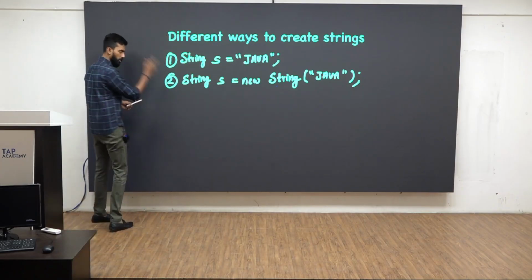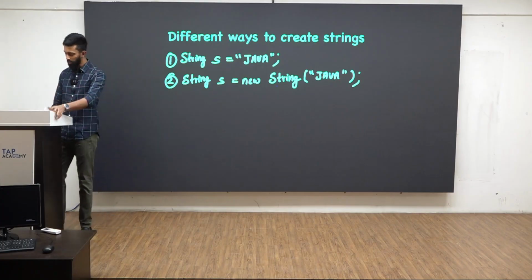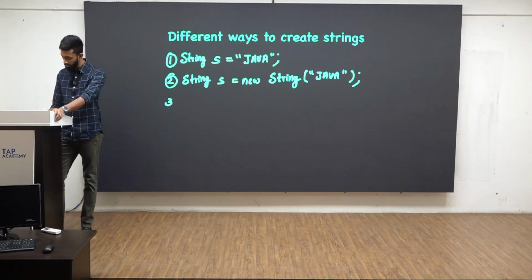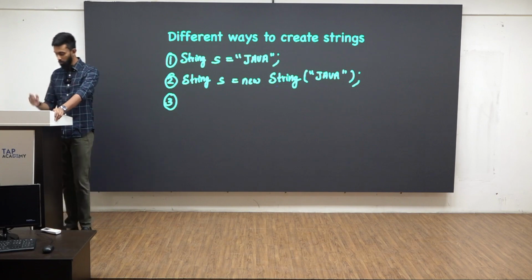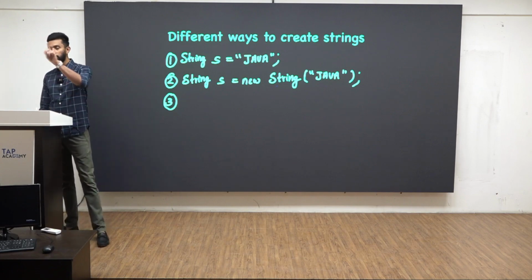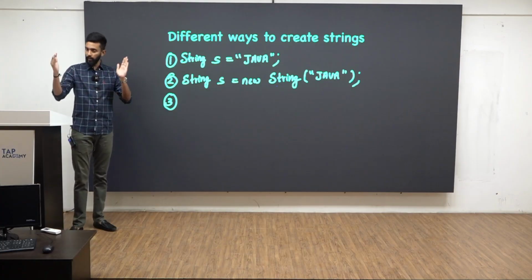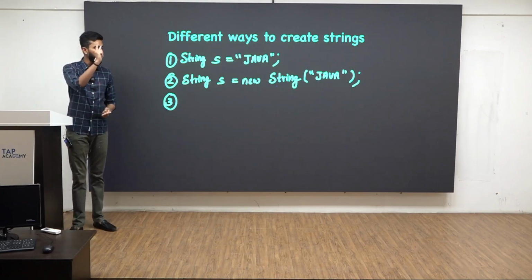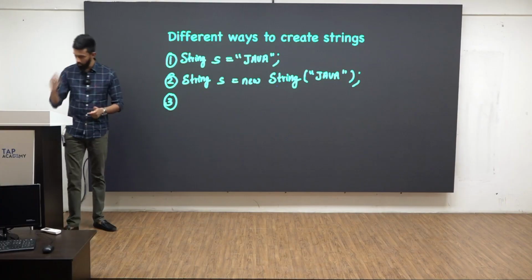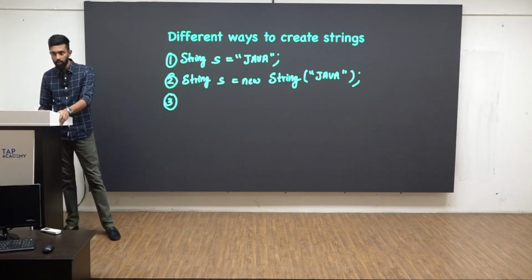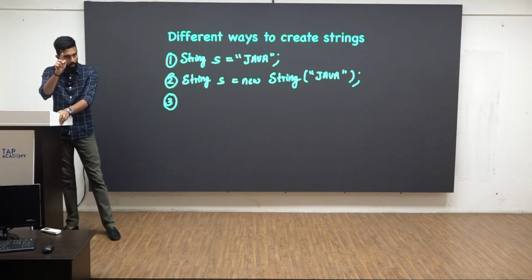Actually speaking, there is one third way also, but it is not really a new way. Try to understand. Those who came to class yesterday, I taught you a technique in which you can create and initialize an array in a single line. Have I taught you that? Now watch it. How do you create and initialize an array in a single line? What bracket should I put? Curly brackets.